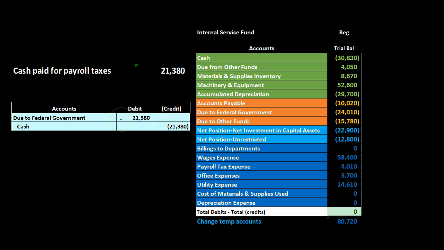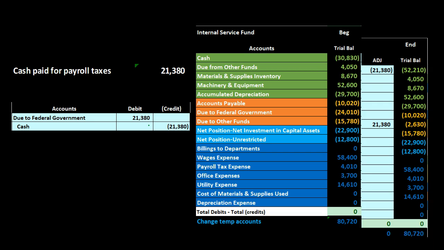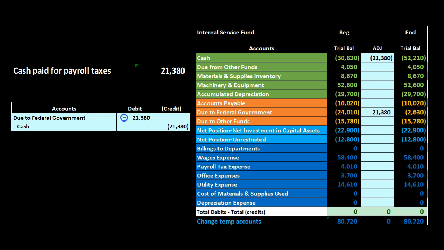So we'll debit due to the federal government, that's basically payroll taxes payable. And then we're going to credit cash, paying out the cash at this point. We're paying off, in essence, Social Security, Medicare, and federal income tax for the employees. This transaction decreases the liability, and then the cash is credited.